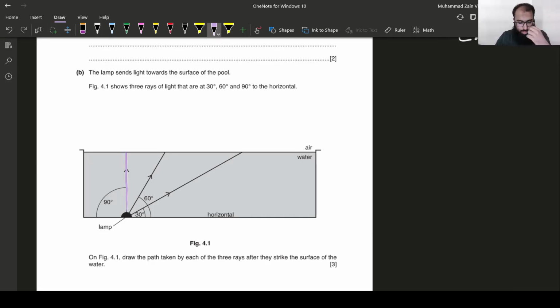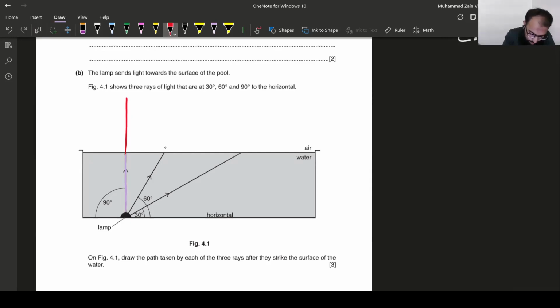And we know that this is a very special case where the angle is 0 with the normal. In this case, there is no bending that takes place. So the ray just easily travels into the other medium. So it goes straight. The next one is the second ray.